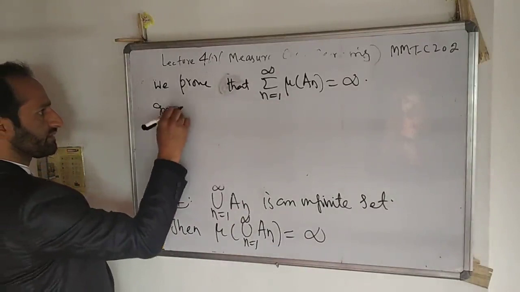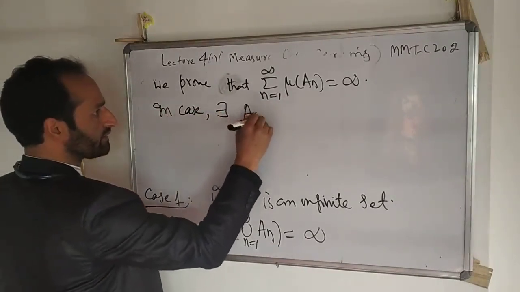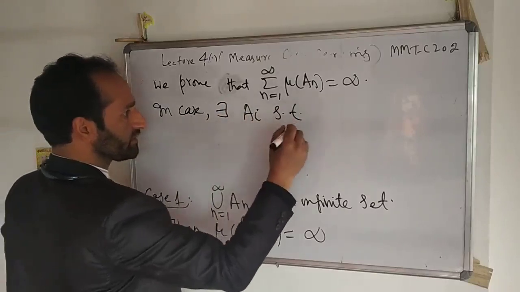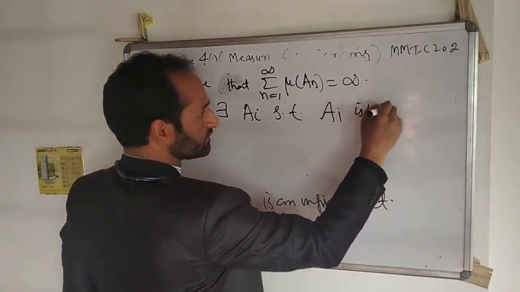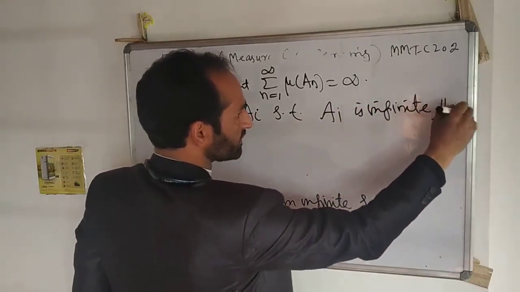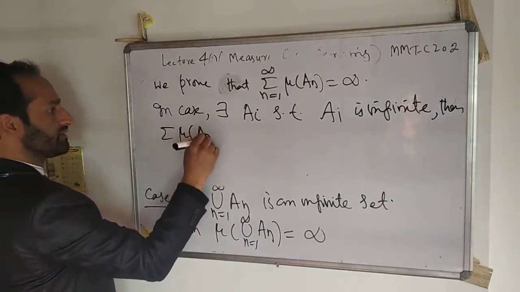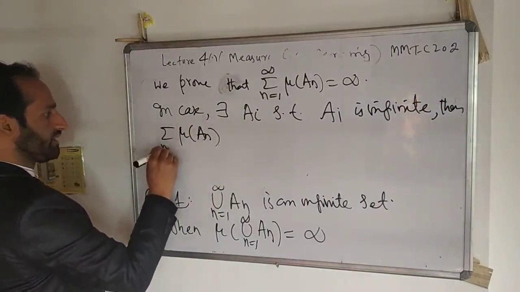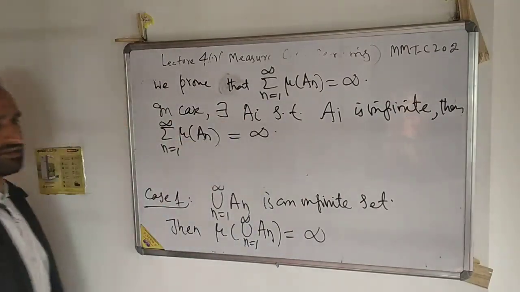So in case there exists some A_i such that A_i is infinite, then this sum is infinity because mu of A_i is infinite.